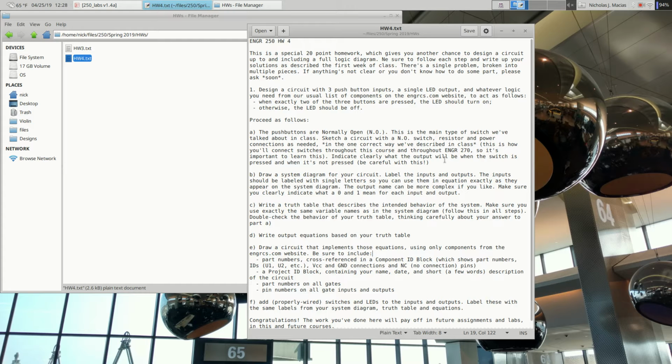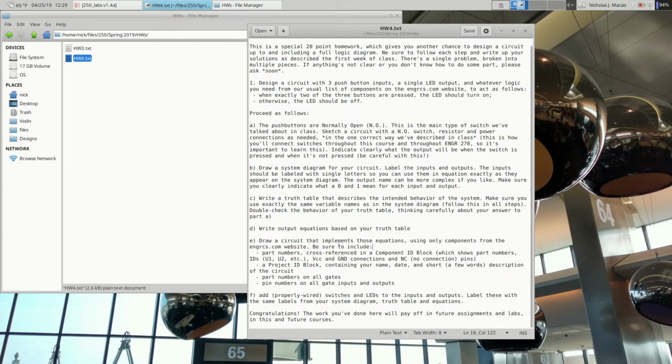No, which one are you looking at? I'm looking at 1A. With a sketch a circuit with a NO switch. Yes. Right. So yeah, I'm going to fill in the details on this, but that's just a switch, resistors, and power connections. So that's not going to have chips or pin numbers or things like that. But when we get down here to 5, draw a circuit, right? I specify in here part numbers, pin numbers, etc. Okay. So yeah, those are different things. You're right. All right, but we'll go through this after we talk about switches.